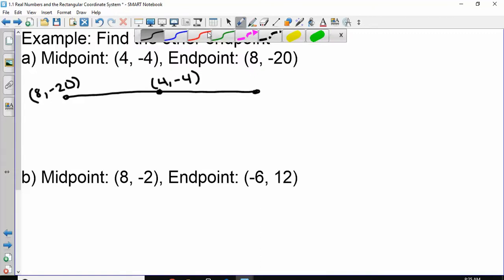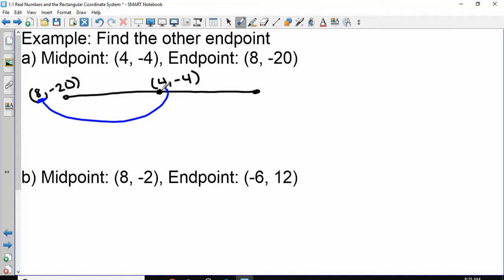So what we do is we look for a pattern. Okay, if you are at positive 8, what do you have to add or subtract to get down to positive 4? So we add negative 4 or subtract 4. So then you just do it again. So negative 4 plus 4, or think 4 minus 4, and you get 0.